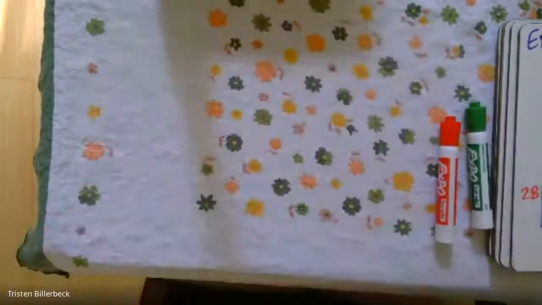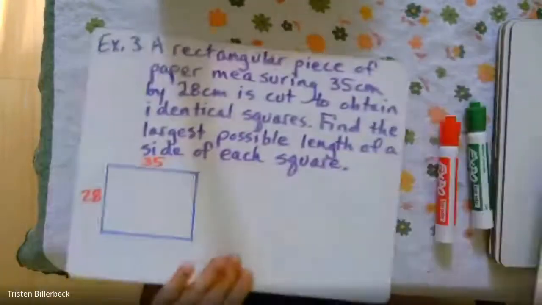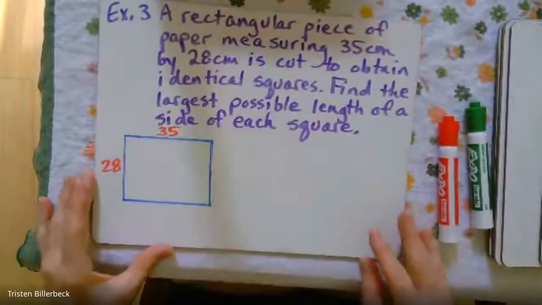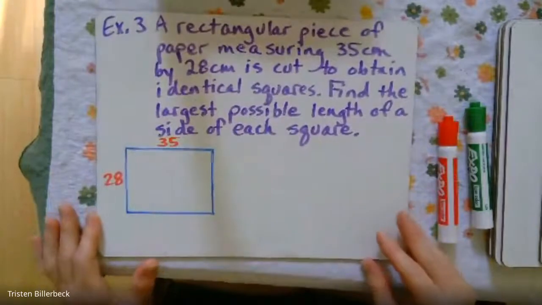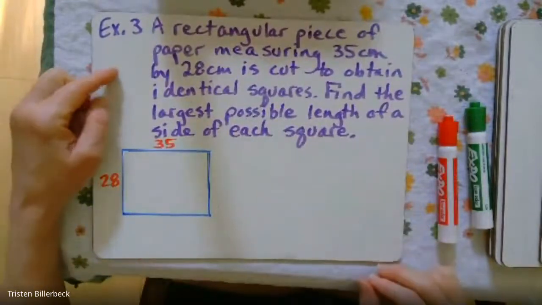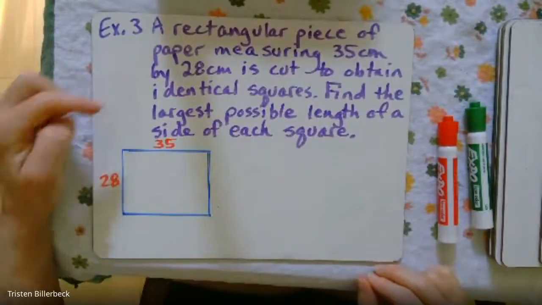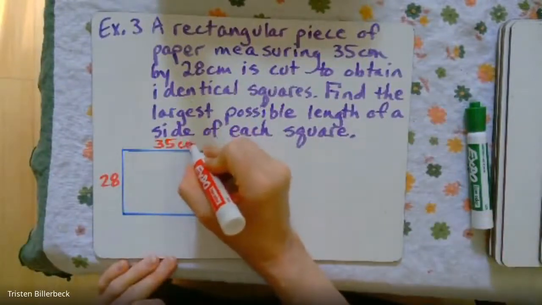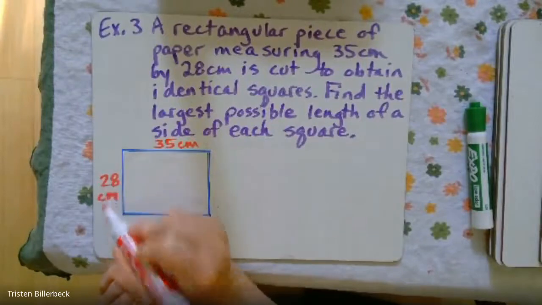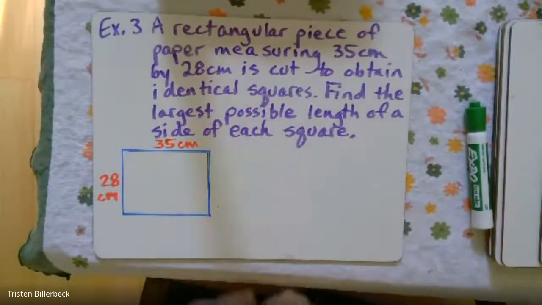All right, let's do a real life example. We have a rectangular piece of paper measuring 35 centimeters. Mustn't forget my units there. And 28 centimeters. It's always good to draw.